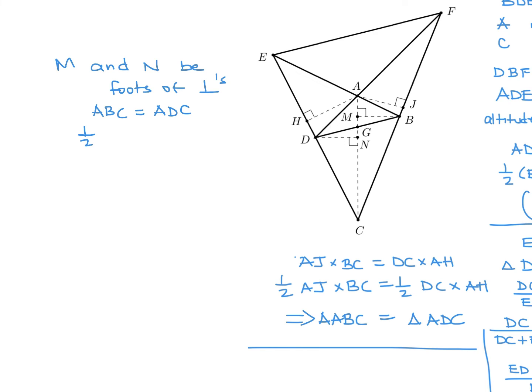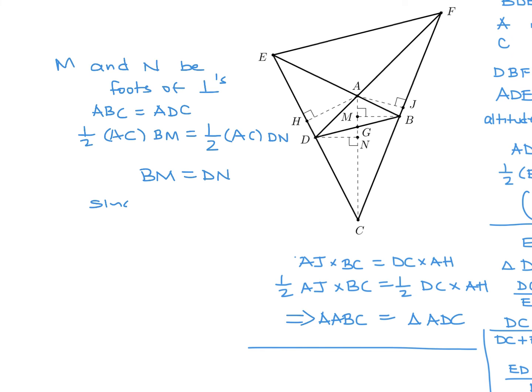We can write 1/2 base times height. And then for ADC, we can use this again as a base, which is AC, and this as the height, which is DN. So 1/2 AC times DN. So therefore, BM is equal to DN.